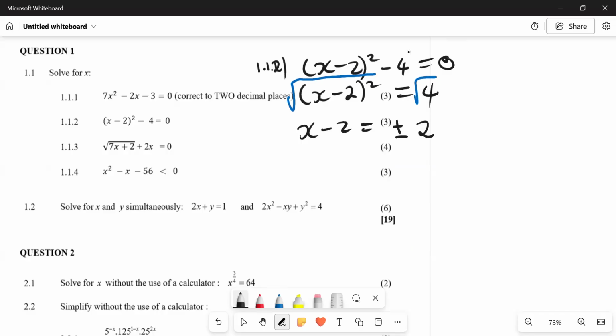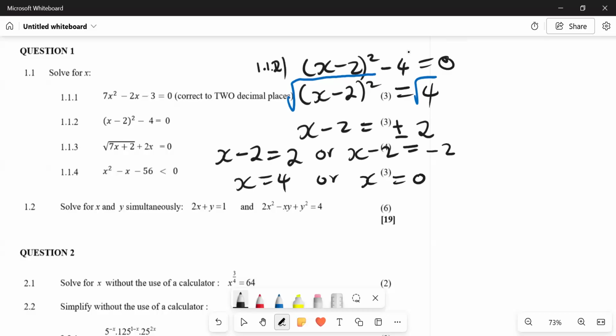When you take the square root, don't forget to use plus or minus for your solutions. So basically, we are simply saying x minus 2 equals positive 2, or x minus 2 equals negative 2. And then x equals 4, or x equals 0. And that's your final answer.